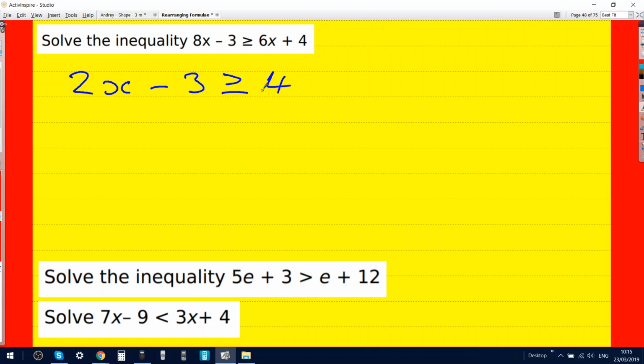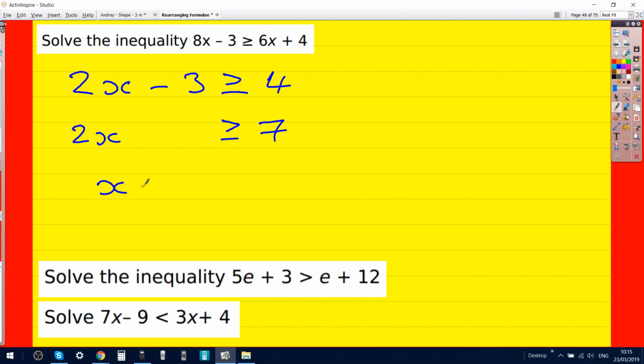And then you would add on the 3, so that would be 2x is greater than or equal to 7. And then divide that by 2, so x is greater than or equal to 3.5.